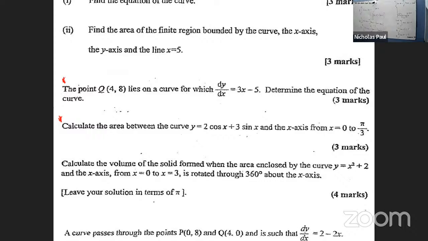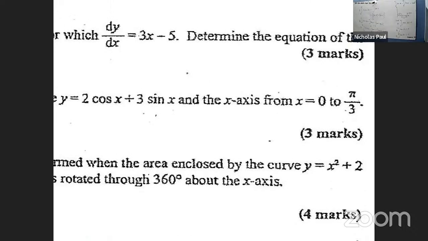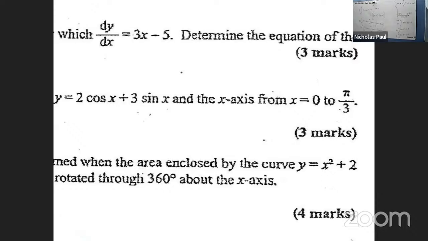All right, let's focus on part two, please. So, part one: integrate between 0 and pi on 3 of 2 cos x plus 3 sin x. So forget part one, let's do part two of it.